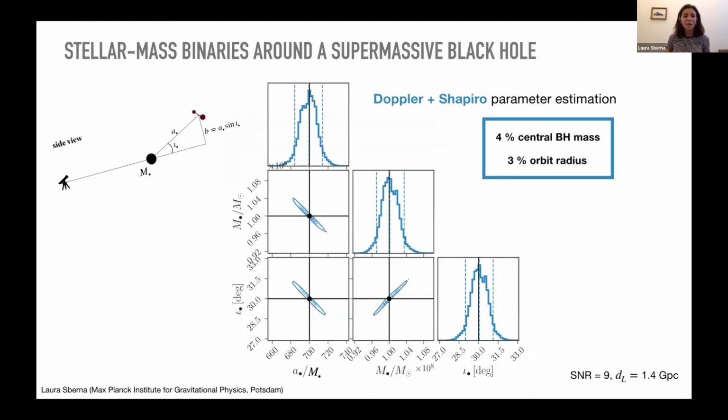So finally, when you do have a detectable Doppler and Shapiro delay, and the two are really important together to be able to break degeneracies, then LISA could, in these stellar mass binaries around an AGN, measure the central black hole mass to the 2% level.